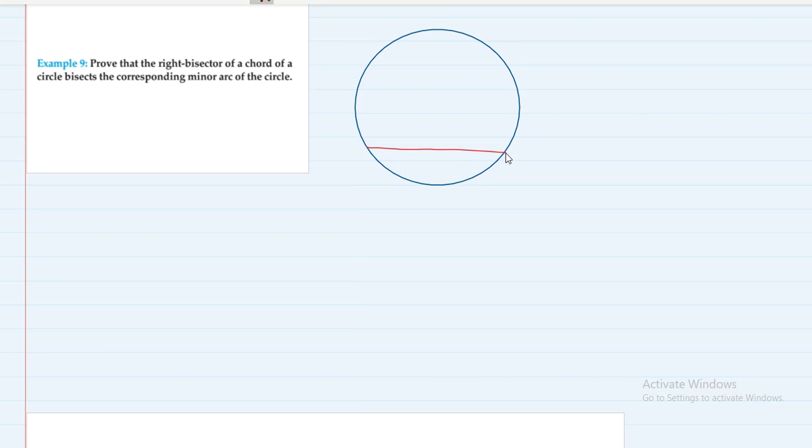Prove that the right bisector of a chord of a circle bisects the corresponding minor arc of the circle. Right bisector of a chord of a circle. So we have to make a chord and we have to draw a right bisector.